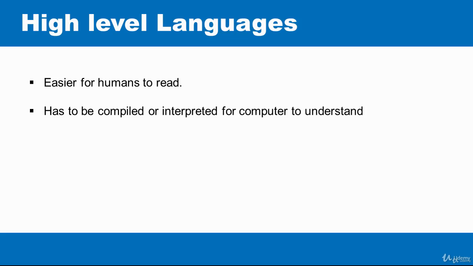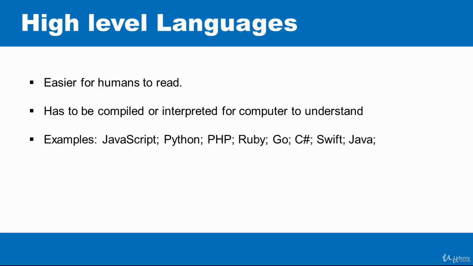If a language is compiled, that means the entire program has to be compiled, maybe into an executable. Then you run the executable before you actually see the output. So there's a difference between a language that is compiled or interpreted. Either way, some high-level languages have to be interpreted, while some have to be compiled before the computer can understand what you are asking it to do.